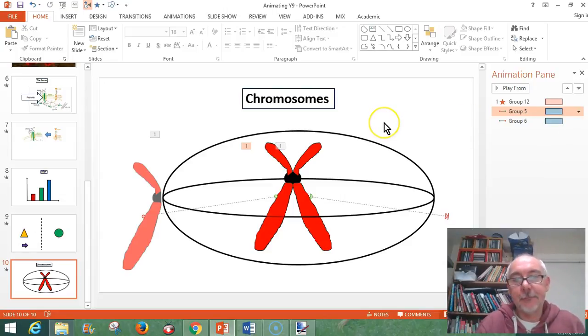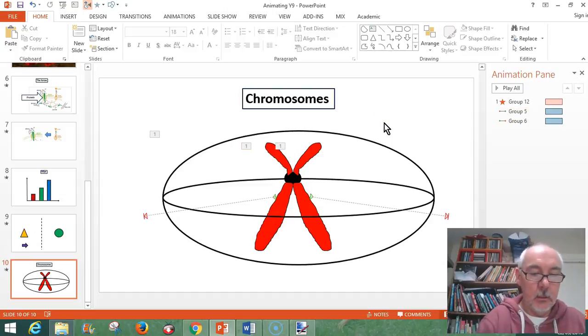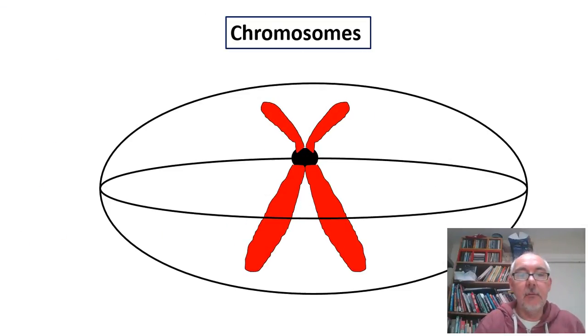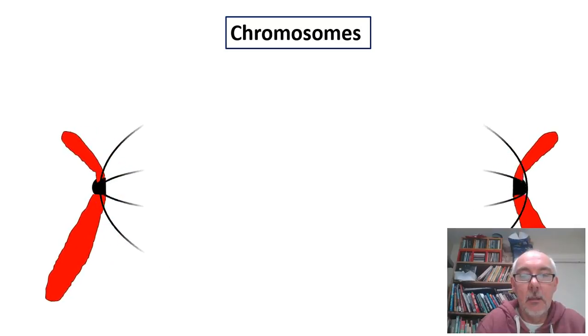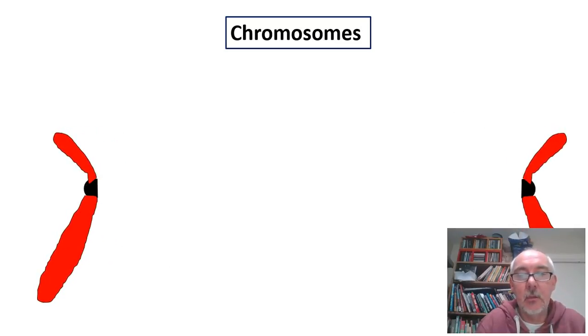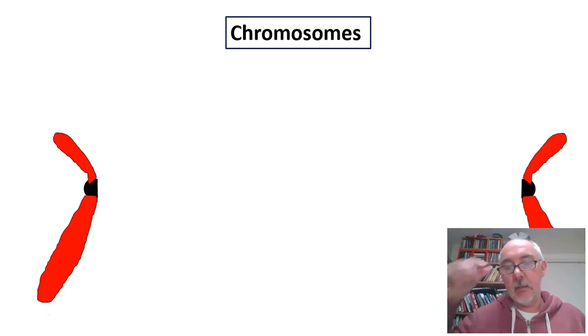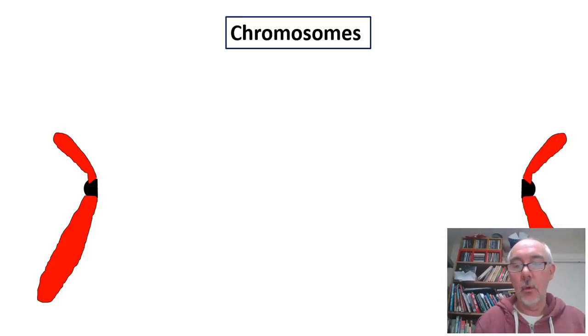Now let's have a look at what the image is going to do. Shift F5, here's our spindle, there is our fantastically drawn chromosome. There we go, spindle disappears, chromatids separate to either end. Now I've used throughout the stuff on genetics, I've used that one all the time.